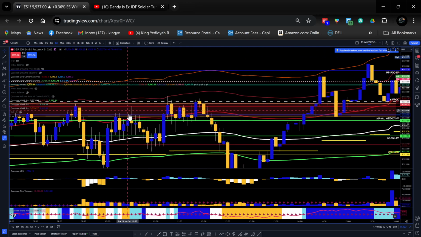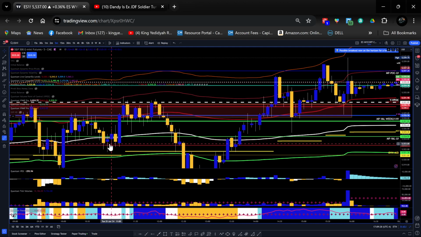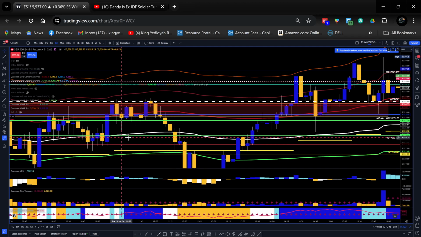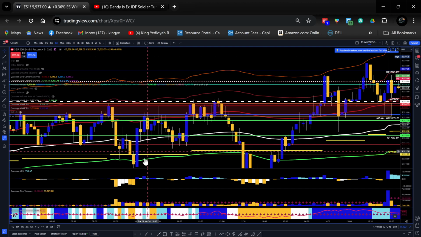We came up here, tested the Camarilla R3, had the rejection, and came back down here to the top central, which is at 55.2275. Had the bounce off of there, came back up. At this point, I took a couple of losing trades, tried to go long, tried to go short, got chopped up.